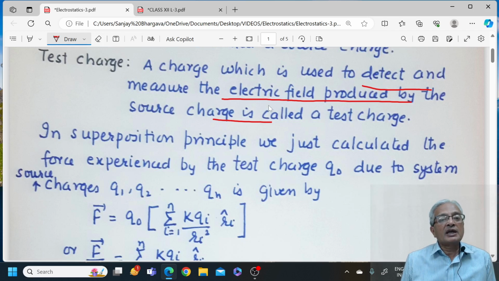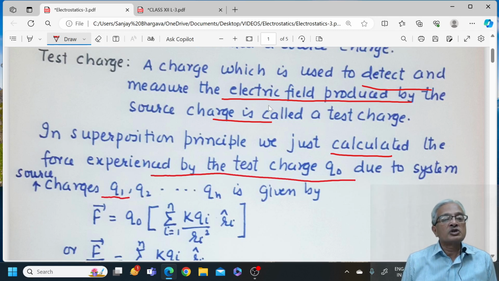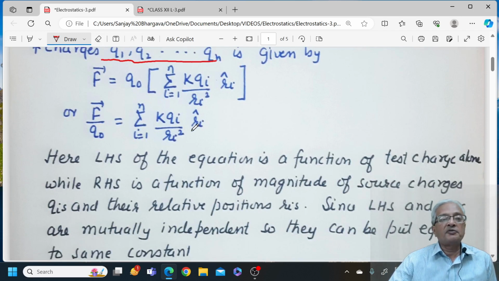Now in our second video we did a topic on the superposition principle, where we calculated the force experienced by the test charge Q0 due to a system of source charges Q1, Q2, Qn, and that force was given by this equation: F = Q0 summation i = 1 to n k qi upon ri square ri cap.